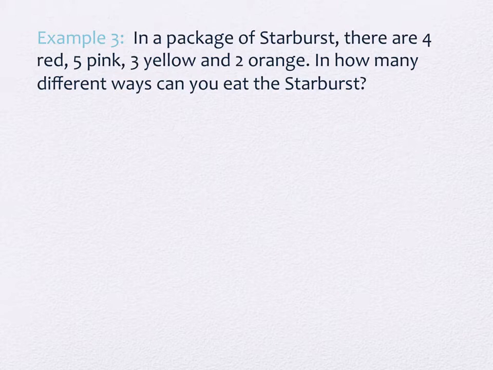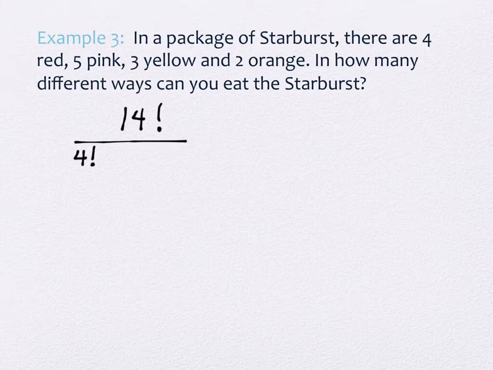So the way that I do this is I first would count up how many Starburst I have. So how many are there in this scenario? 14. So that's my number that goes on top, the total number of objects, 14. And then my denominator is the individual number of indistinguishable objects. For example, how many reds do I have? 4. So there's a 4 factorial down here.